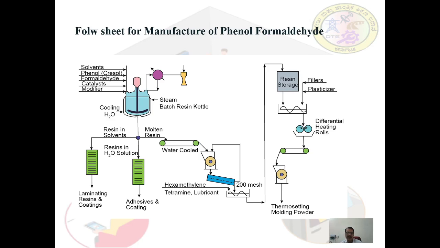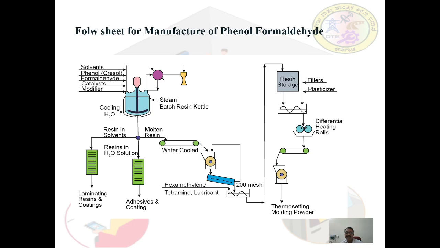This phenol formaldehyde can be a resin in water solution for adhesive and coating, or a resin in solvent, which is for laminating and coating purposes. The molten resin is cooled and solidified and mixed with hexamethylene tetramine and lubricant.